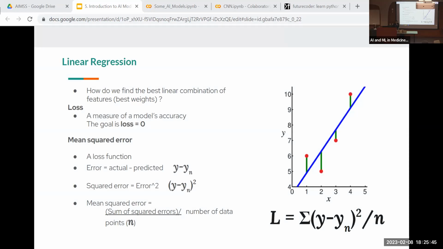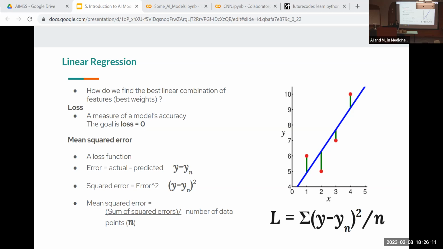But how can we find this best linear combination of the features? Here it gets a little mathematical. You don't need to know the details, you just need to know the idea of how these models work. The goal is to find the best linear combination of features.